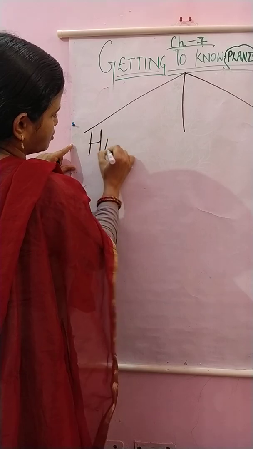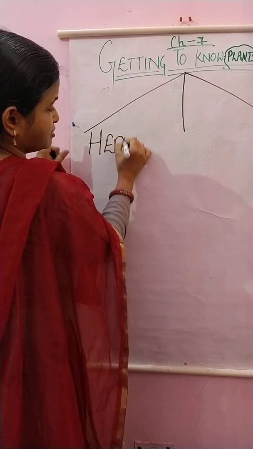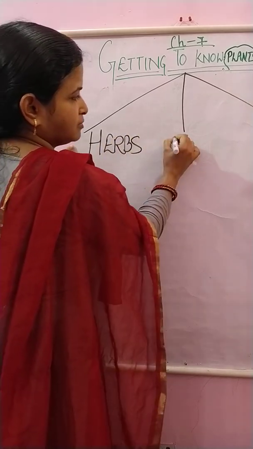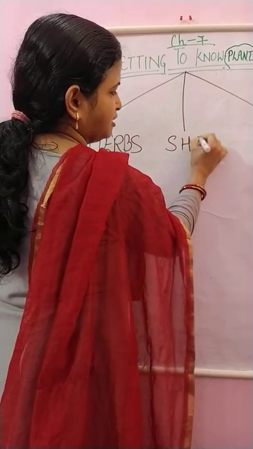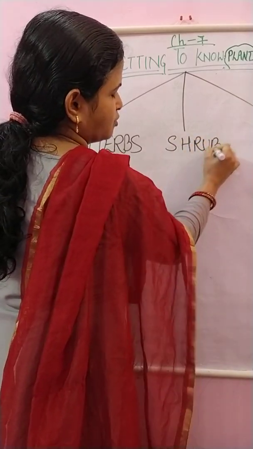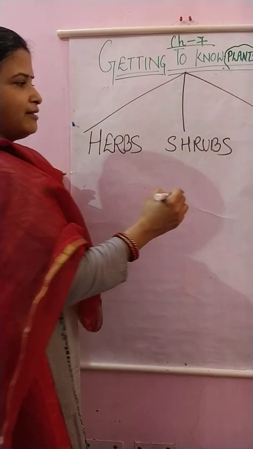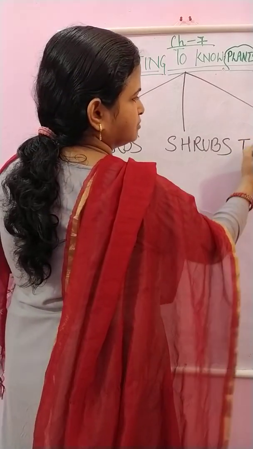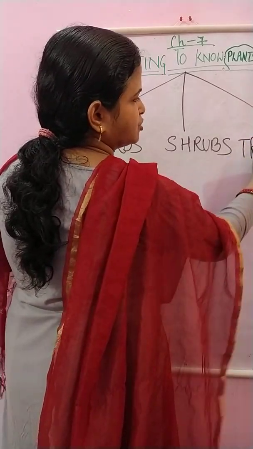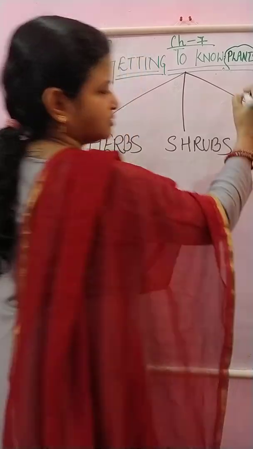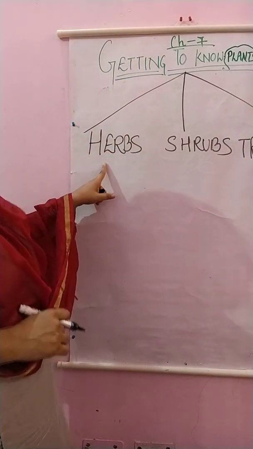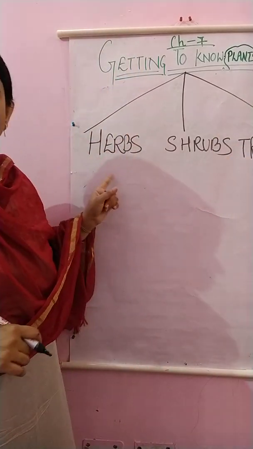We will study about herbs. This is the first one. Then shrubs we're going to study. Okay. And then we'll study about trees. So first is herbs.